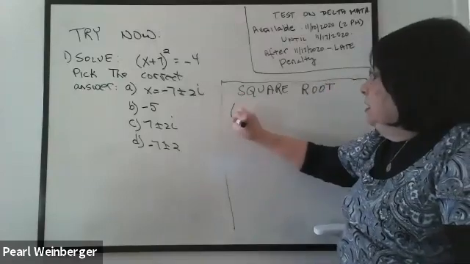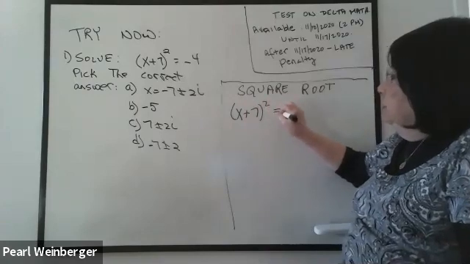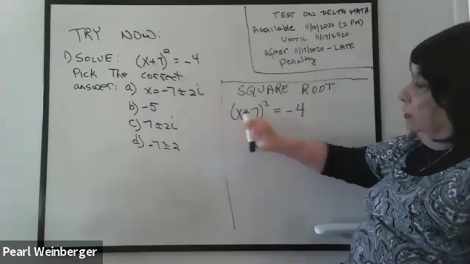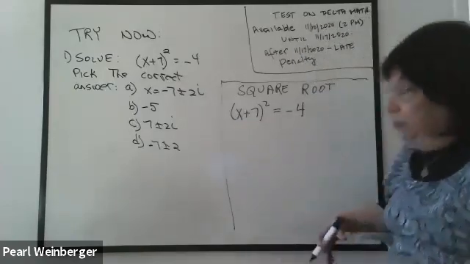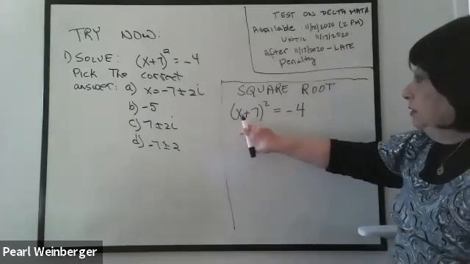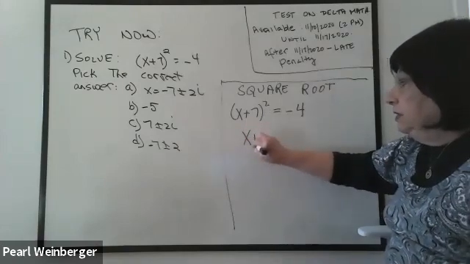We have that (x plus 7) squared equals -4. And we know when we have something squared equaling a number, we can take the square root of both sides. When we take the square root of (x plus 7) squared, that just gives us x plus 7.